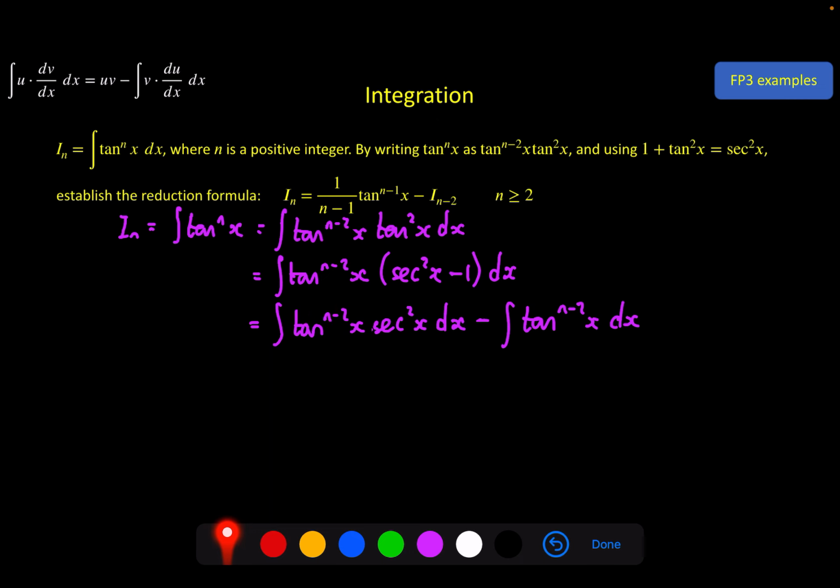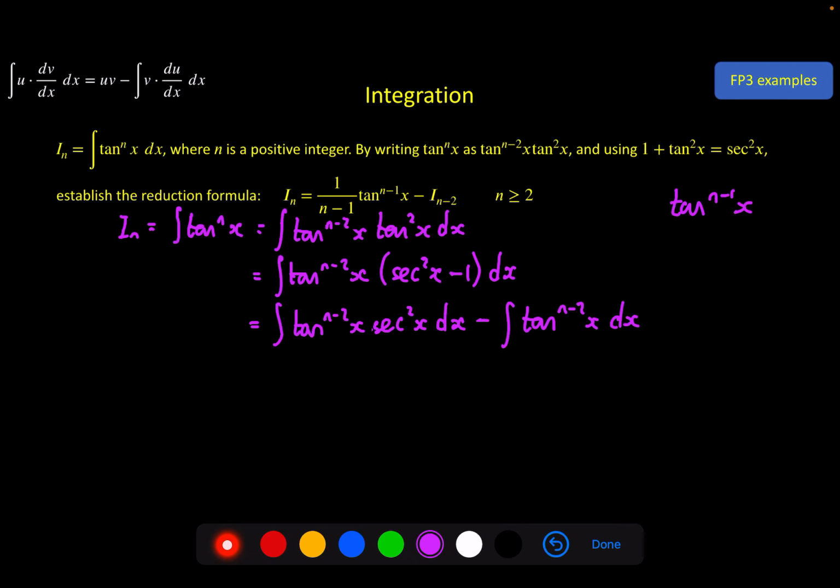However, if you remember your standard integrals, we can integrate this directly. We can do that because if you think of this term as being a tan x in a bracket to the power of n minus 2, then the thing in the bracket here differentiates to give the thing outside the bracket. So this has come from a tan to the power n minus 1 x. So if I put that over here, tan^(n-1)x.